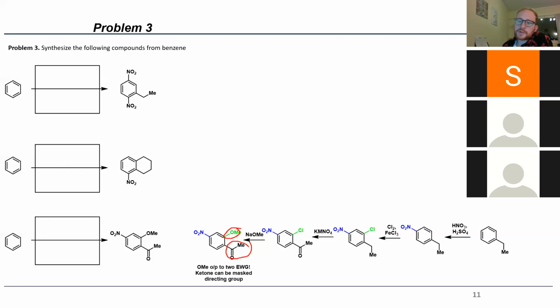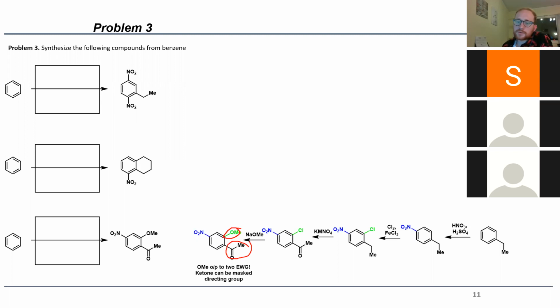Okay, so someone asked, would you just use Friedel-Crafts to add the ethyl? Yes. Could we have nitrated the benzene first, done a Friedel-Crafts, then reduced the carbonyl? So I assume you mean nitrated, then chlorinated, then reduce the nitro group to the amine, then done the Friedel-Crafts, which would work, I think.